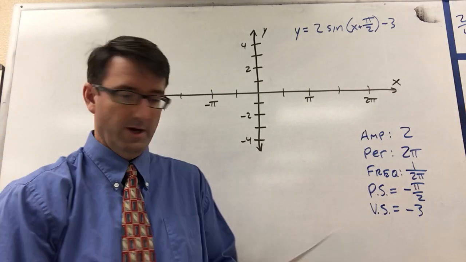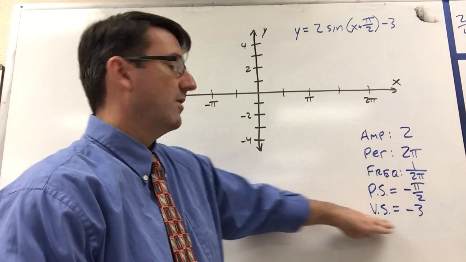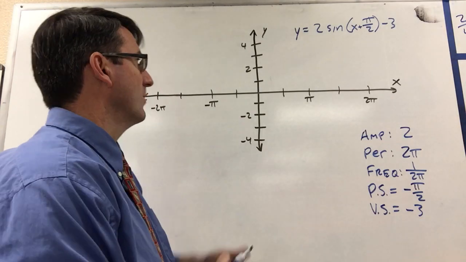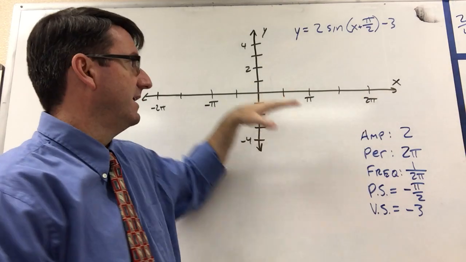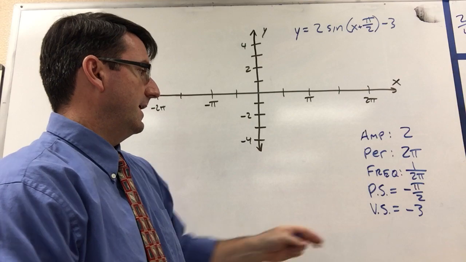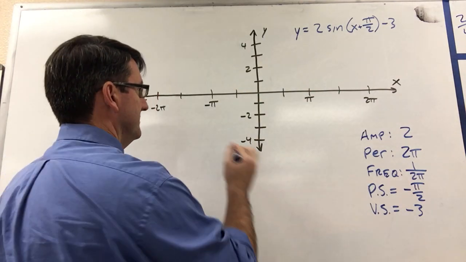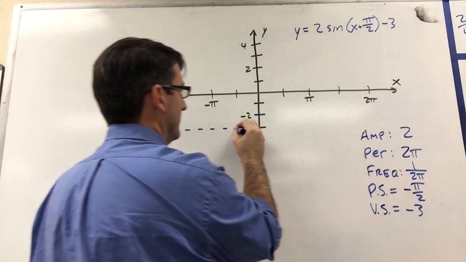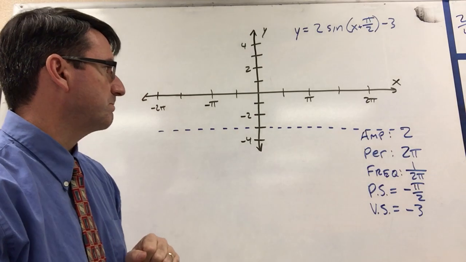All right, so now we can graph this function. Let's start with the vertical shift. Normally, sine is a wave, and it has a midline right at the x-axis, so right at y equals 0. This vertical shift is going to shift that midline down to y equals negative 3. So we're going to have a midline right there.